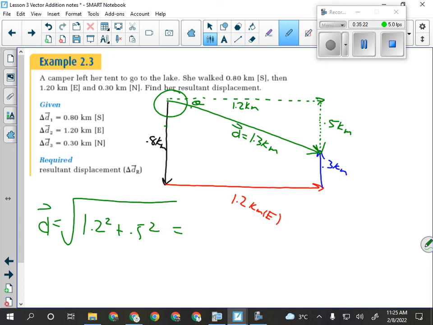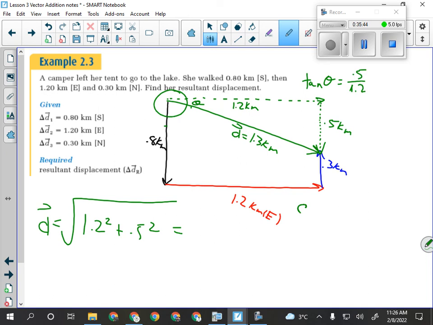Now, which trig function should I use? Any of them. I have all three sides. I can use sine, cos, or tan, but tan's my favorite, so I always use it. Tan of theta equals the opposite side over the adjacent side, so that's going to be 0.5 over 1.2.